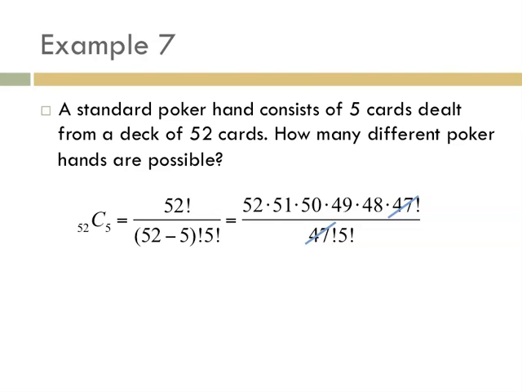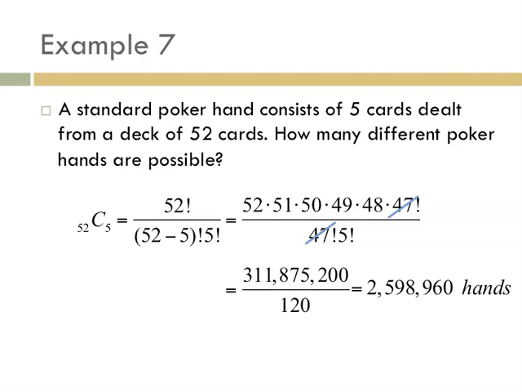So 52 times 51 times 50 times 49 times 48, which is 311,875,200. On the bottom, 5 factorial is 120. Divide those, and we get 2,598,960 hands.